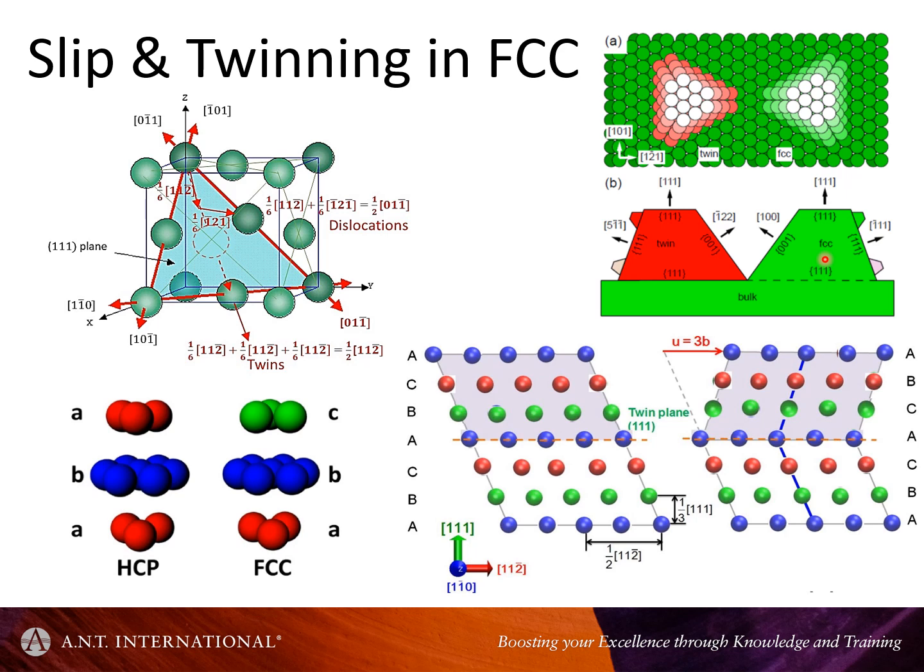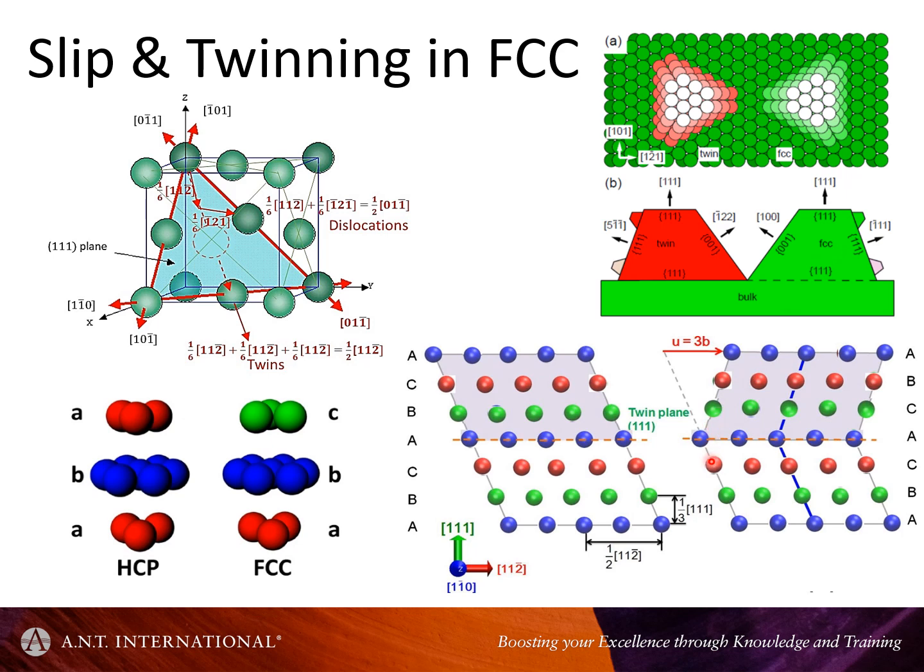Excuse me for mixing up my terminology there. But basically, when you twin, you end up back at the original structure, but it's changed in the orientation. And the orientation is such that the main close pack planes in the twin are parallel with different planes, in this case the 5-1-1 plane, in the parent matrix.